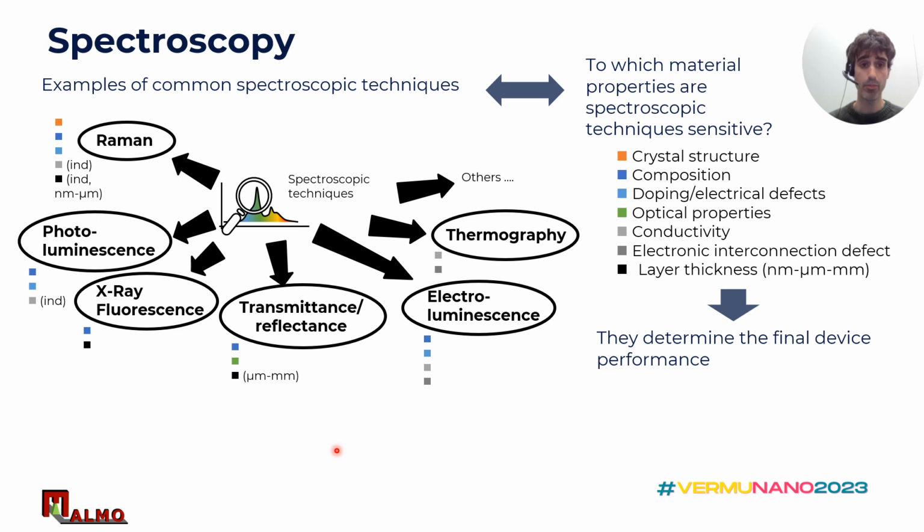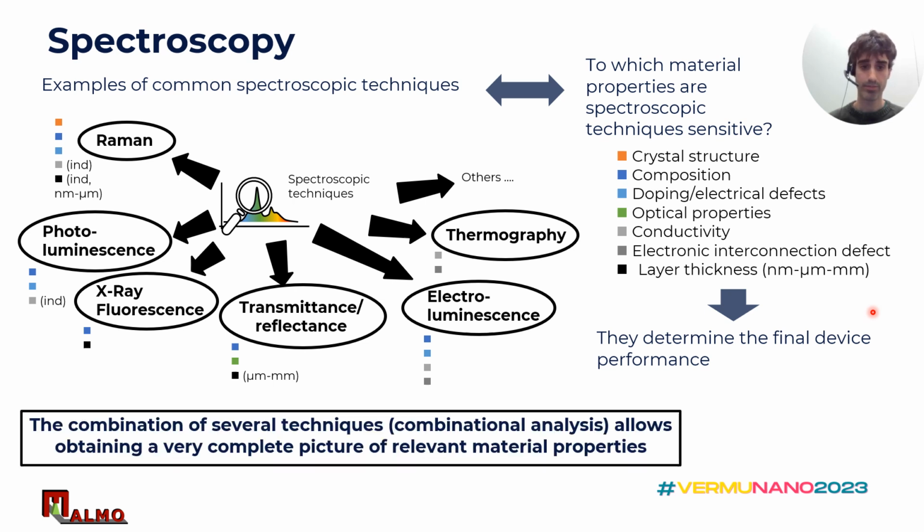Here you have some examples of common spectroscopic techniques like Raman, photoluminescence, X-ray fluorescence, and here you have the type of information to which they are sensitive. This is information such as the crystal structure, the composition, the doping effects. So all these parameters, finally, determine the final device performance.